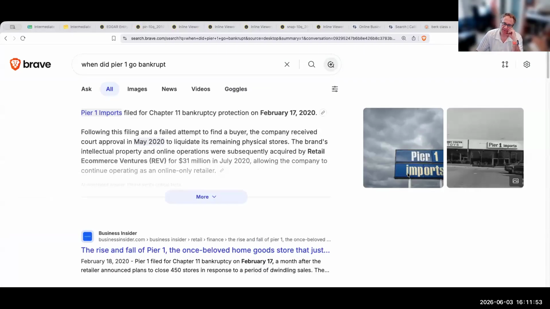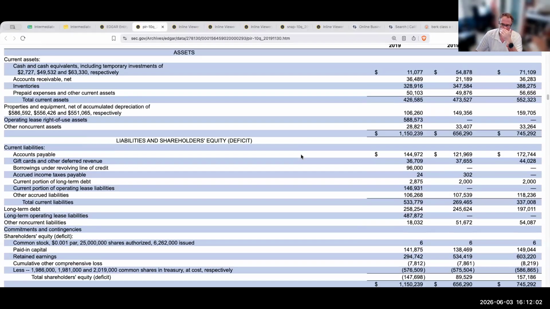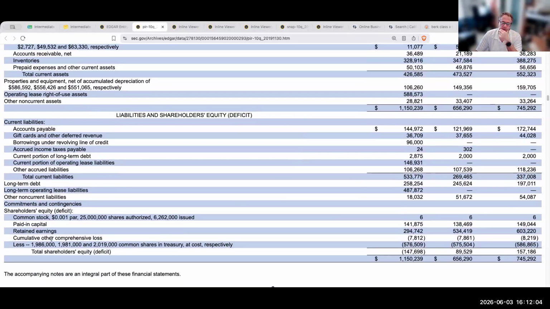So Pier 1 Imports went bankrupt in 2020, but the reason I'm showing this to you is that if we look at their financial statements, one of the things they had was that they had been repurchasing their own shares. And the danger in doing this is that you are using company cash to reacquire stock.